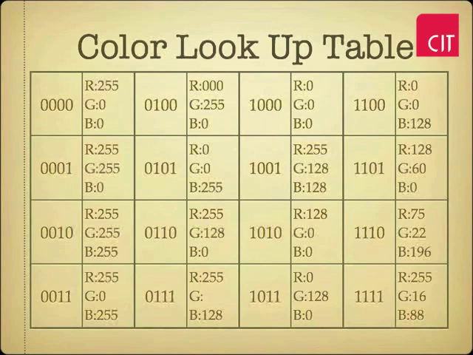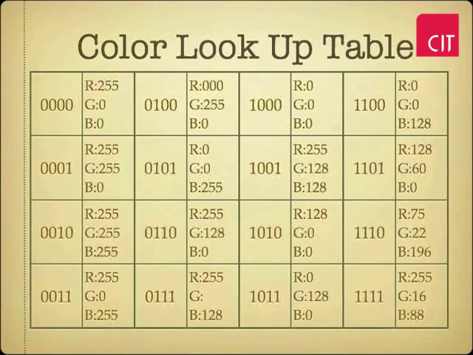And the sequence 1001 is used for 255, 128, 128. Each image coded this way would need its own lookup table to be stored with it. The lookup table is sometimes called a palette or color index.